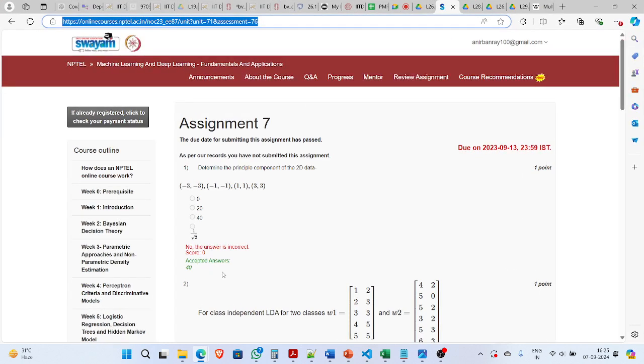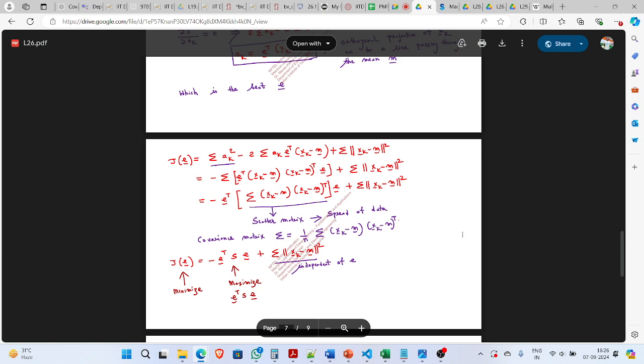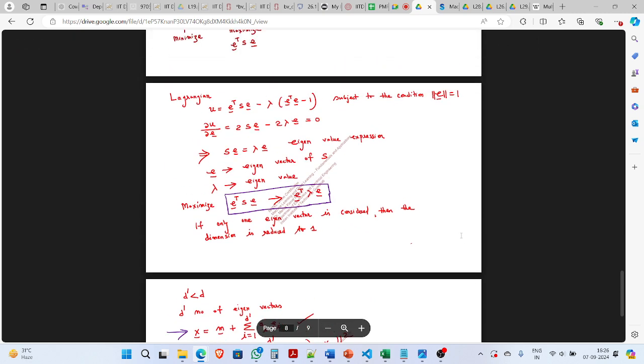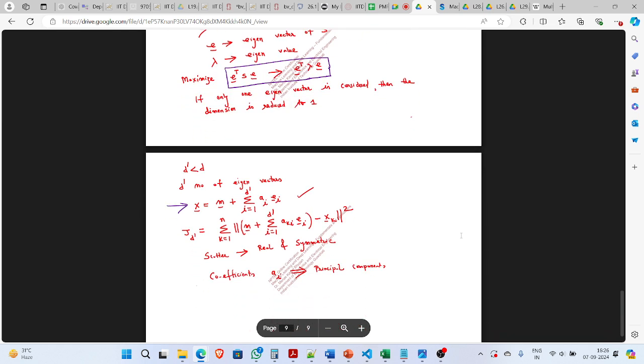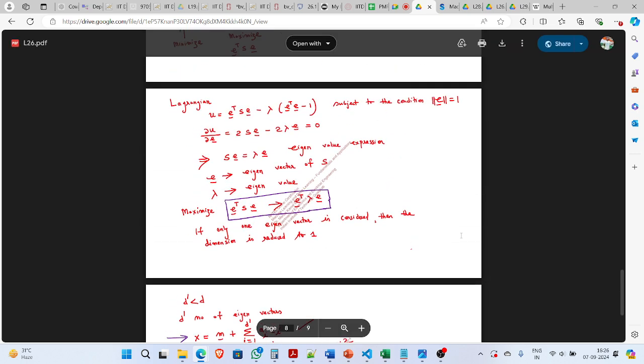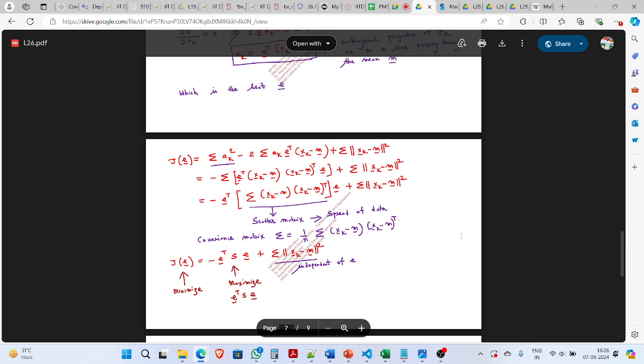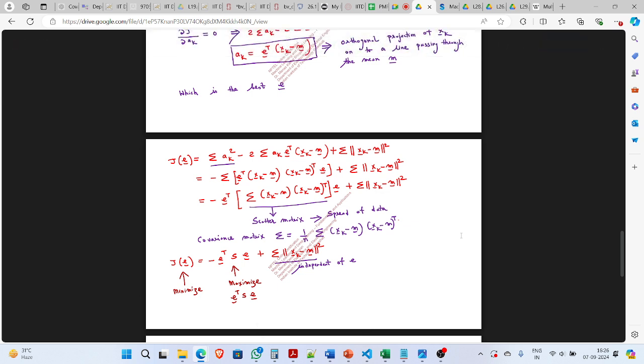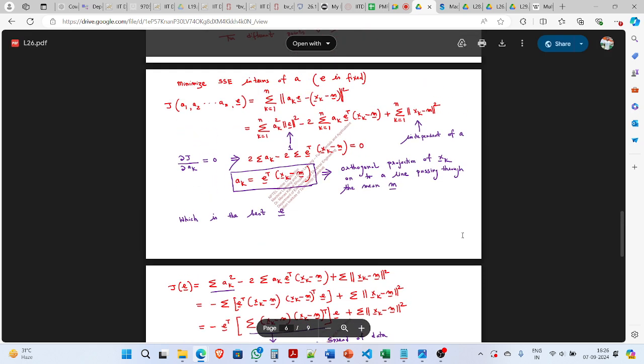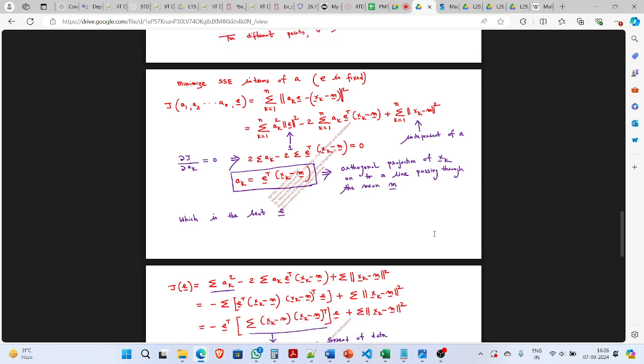So the principal component is needed. The coefficients ai are the principal component, so let's find that.